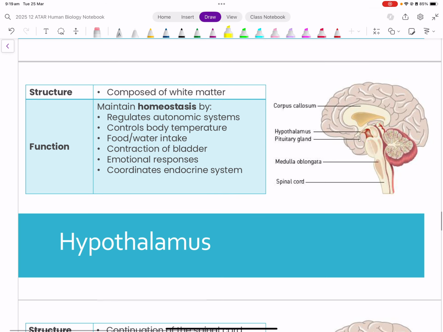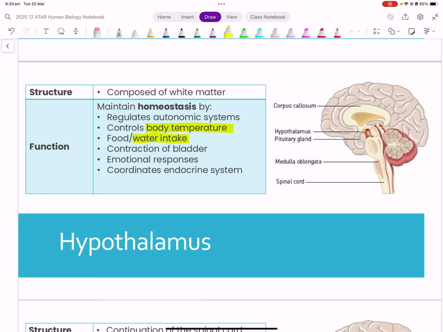As we then jump down to the hypothalamus, this is one that becomes incredibly important as we move into our third topic of homeostasis, because it controls a whole bunch of things that are really important to us. So it is involved in our regulation of our autonomic systems, which obviously is very important, but more for us, we're looking at body temperature, our water intake and our thirst, and some of the responses involved in osmoregulation, like contraction of the bladder.